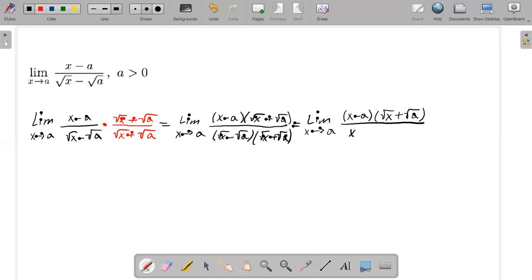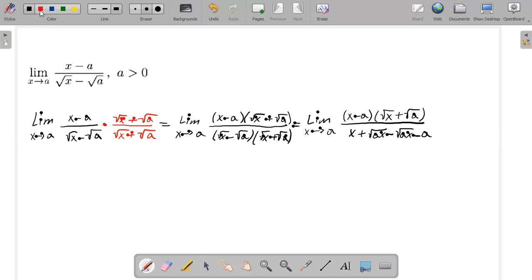Square root of x times square root of a is just plus square root of ax, or a times x, and minus square root of a times square root of x is minus square root of ax, and minus square root of a times square root of a will be minus square root of a squared, and the square root cancels, and we are left with just a.